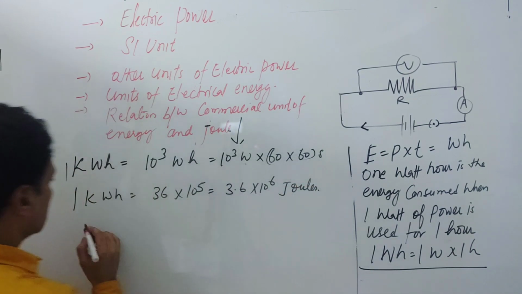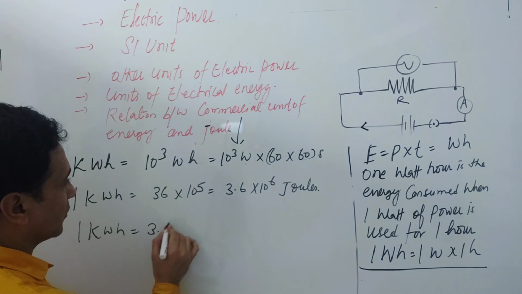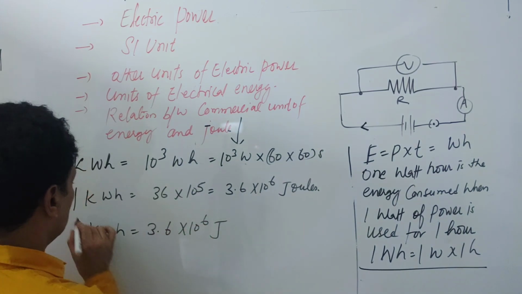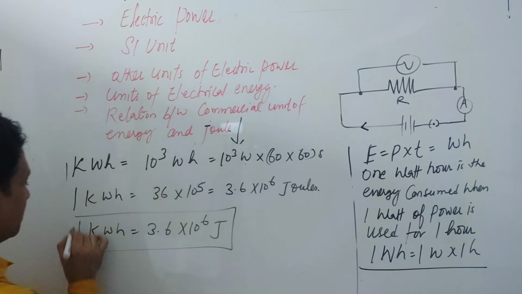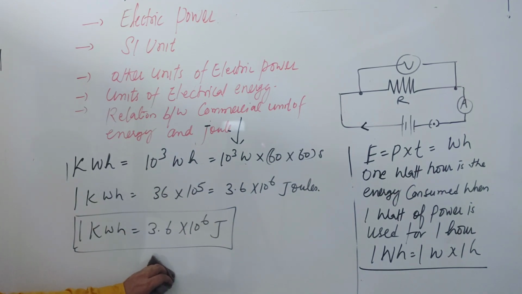You have to keep in mind that 1 kilowatt hour is 3.6 into 10 power 6 joule. This is the relation between the commercial unit of electrical energy and the joule.